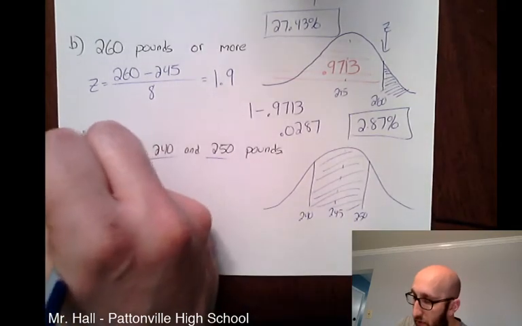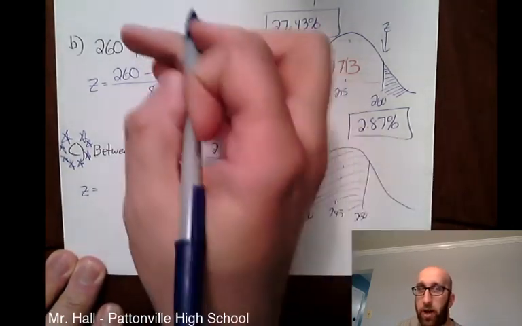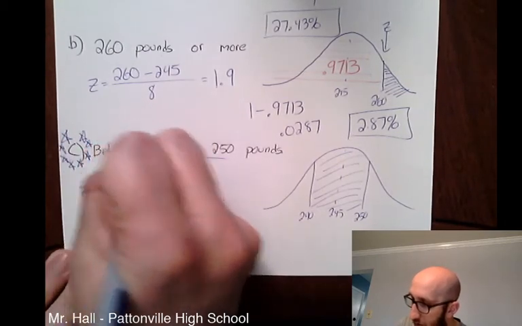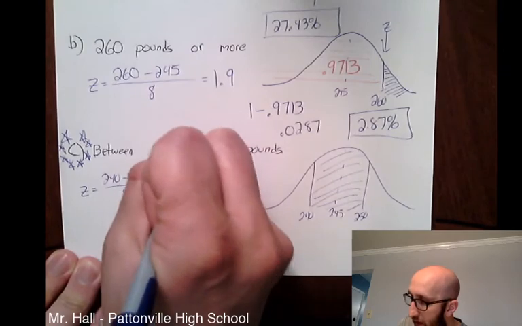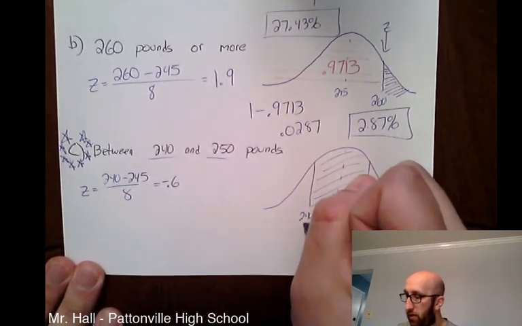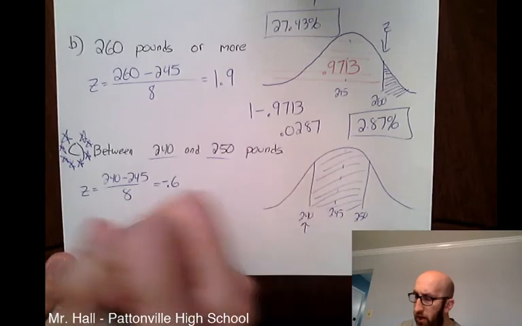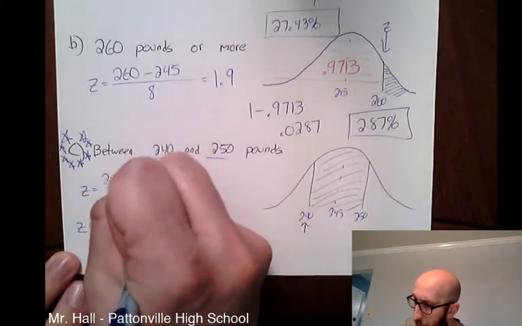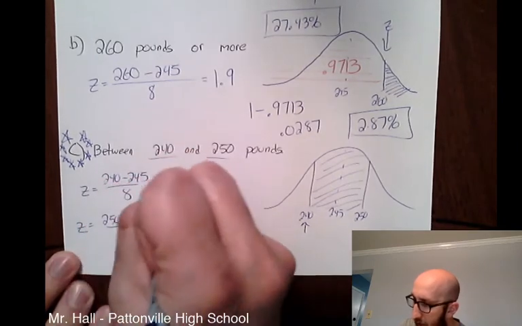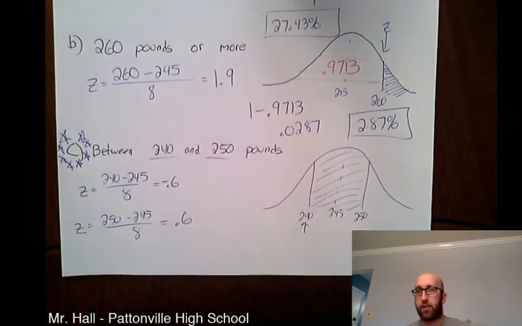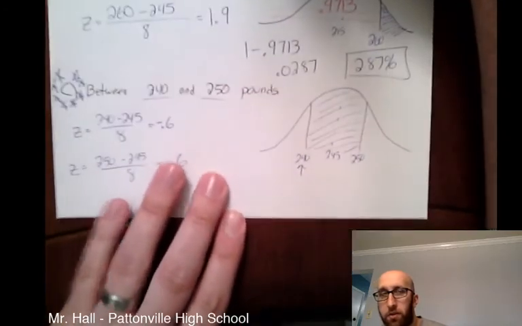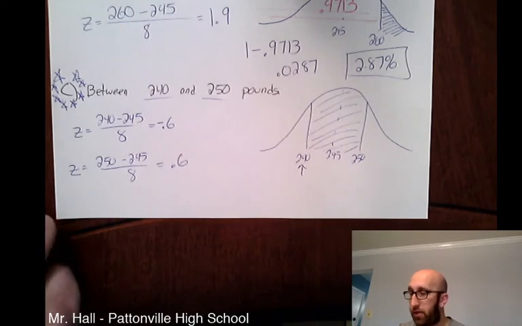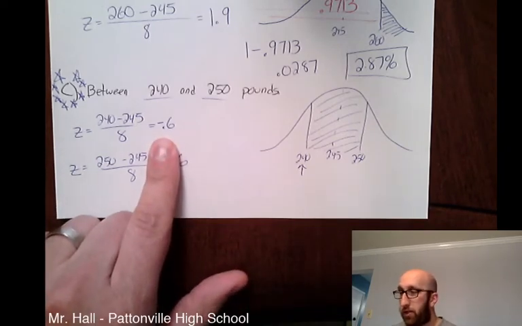So starting with z-scores, the z-score for 240, we actually did this up above: 240 minus 245 divided by 8 gets you negative 0.6. That's this first z-score. And then the z-score for 250: 250 minus 245 divided by 8 is going to give you positive 0.6. Now I'm going to look up the proportions from my table for negative 0.6 and positive 0.6. For negative 0.6, we did it earlier.